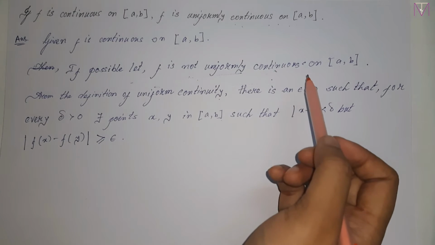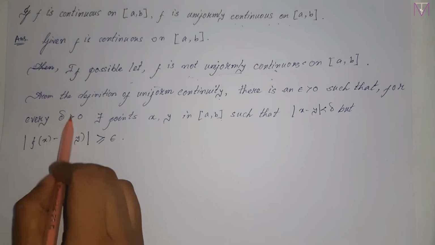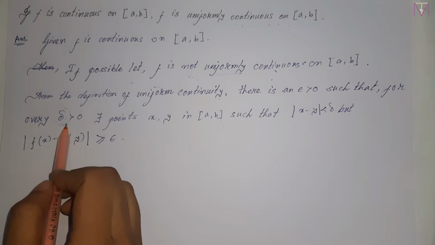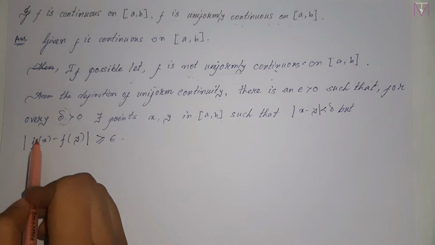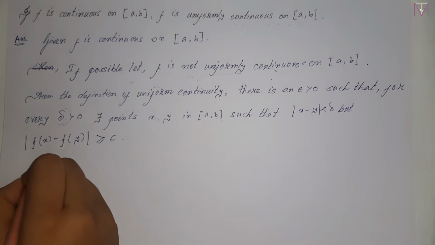Now we have to take the value of delta. Here delta is greater than 0, so we can take delta equal to 1, 1/2, etc. So let's take.